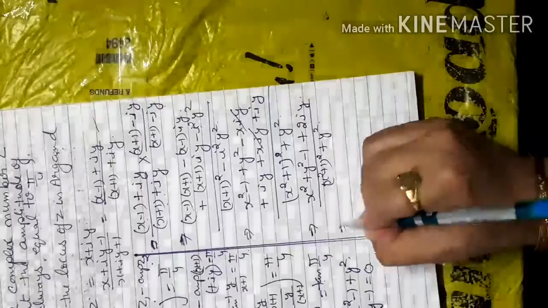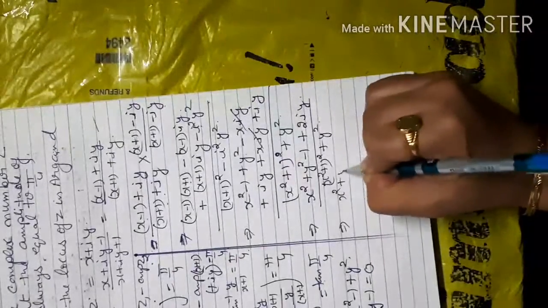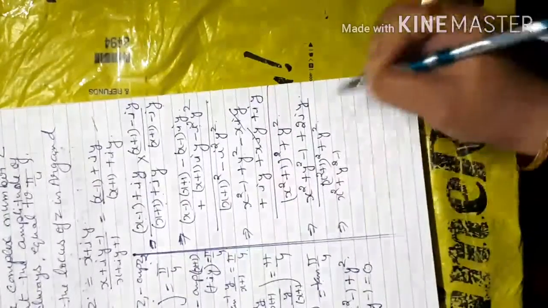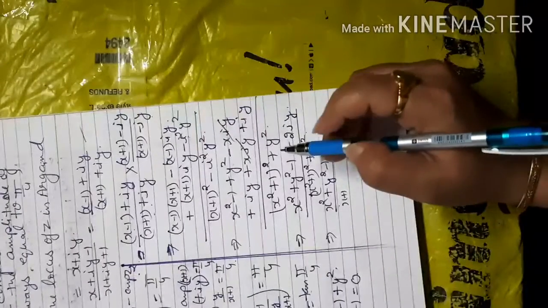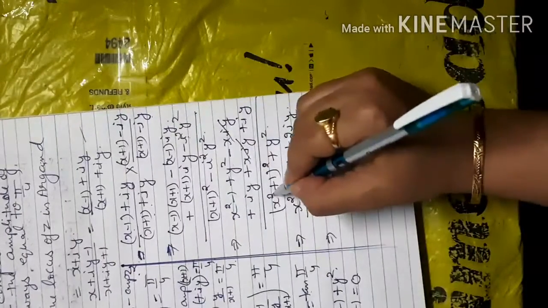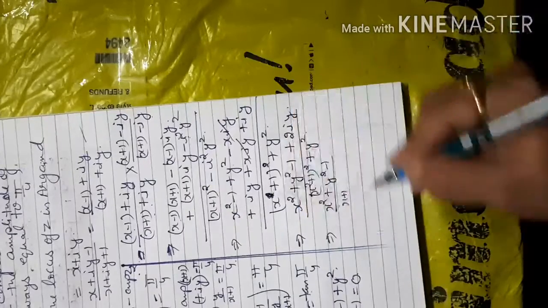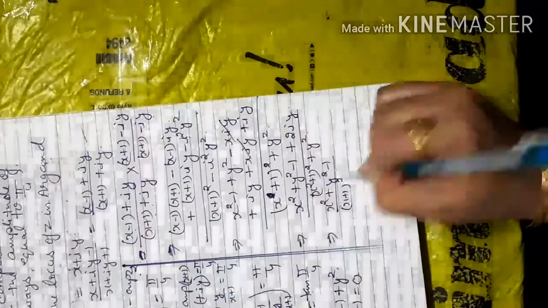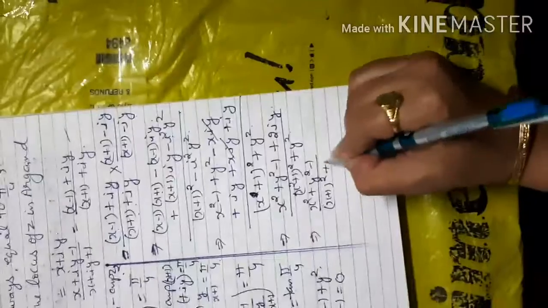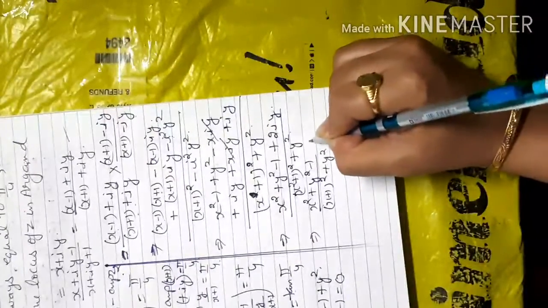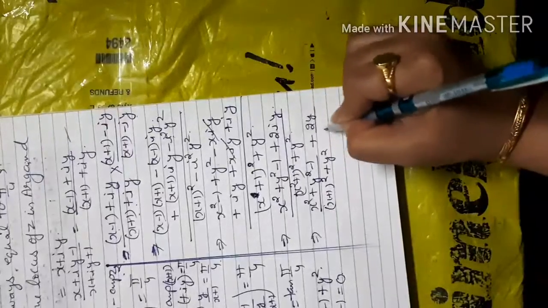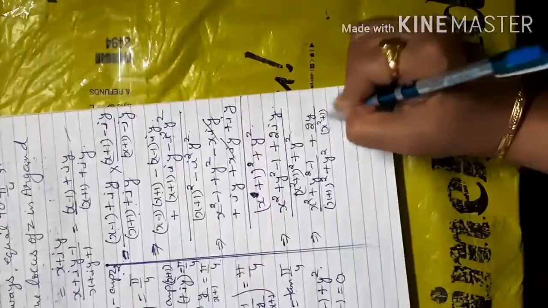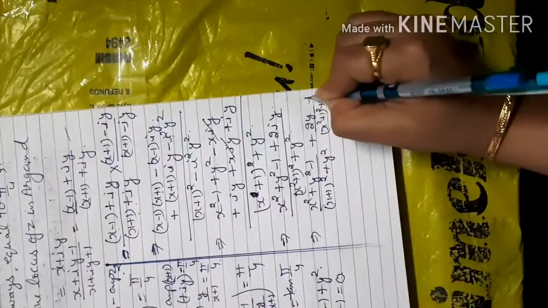When you separate this one, like x square plus y square minus 1 upon x plus 1 whole square plus y square, then plus 2y by x plus 1 whole square plus y square, i.